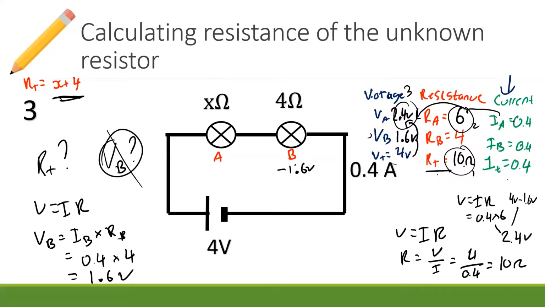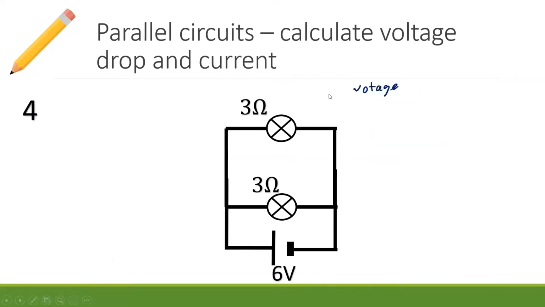It's the same number all the way down. But when you've got a parallel circuit, the current splits. So current's no longer the easiest one. The easiest one is voltage. So let me show you how you do voltage.